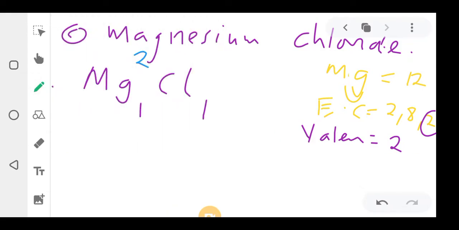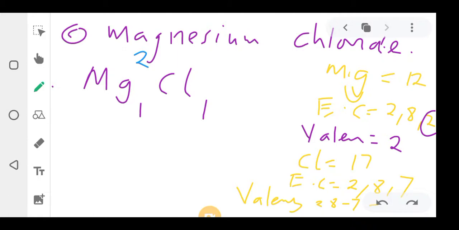What about the valence for chlorine? Chloride comes from chlorine. Chlorine is 17, and the EC is 2,8,7. So the valence is 8 minus 7, which is equal to 1.